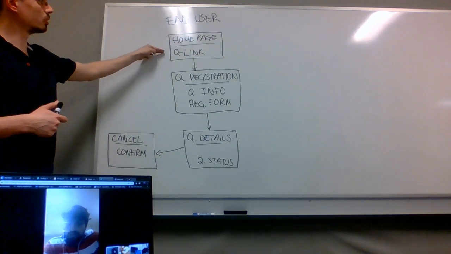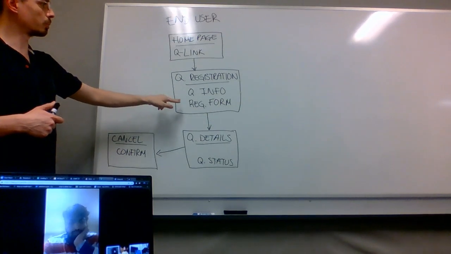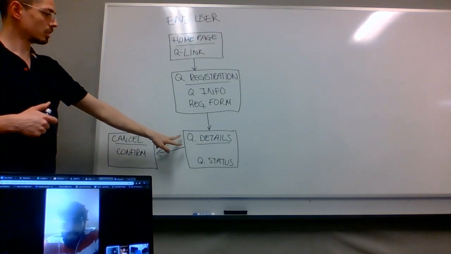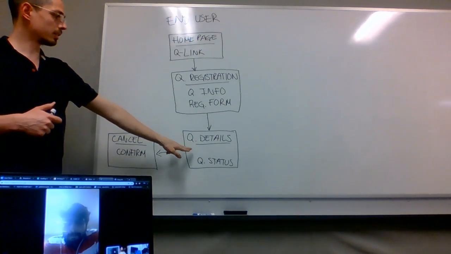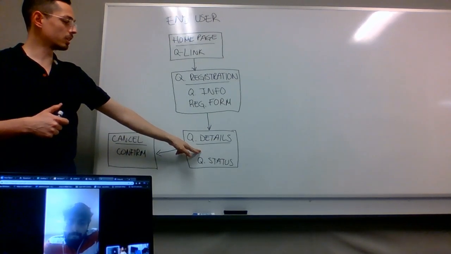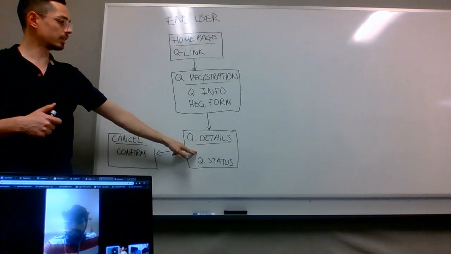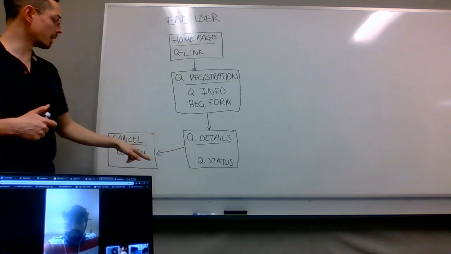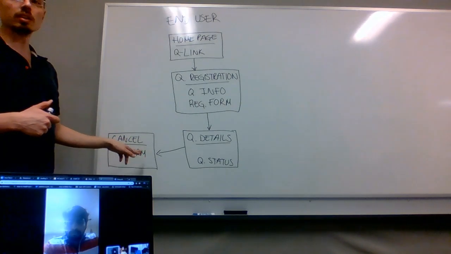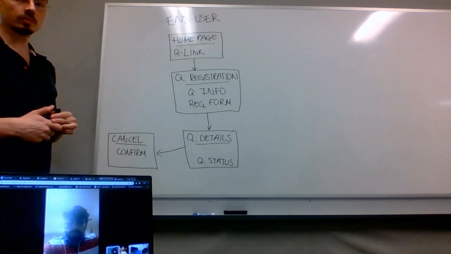He will get a link to register to a queue. From there, he provides his information and he will get notified by email, but he will see the queue status here, and from there he will be able to cancel his registration.